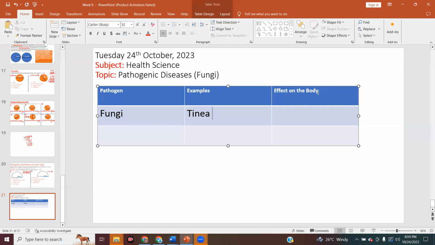I think the first thing we did is hygiene, because if you keep your environment sanitary and you are sanitary and clean, it lowers your risk of getting these things. So how does it affect the body? This is commonly called ringworm, ringed worm. But do you know that ringworm is not actually a worm?